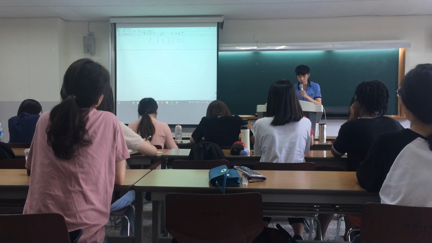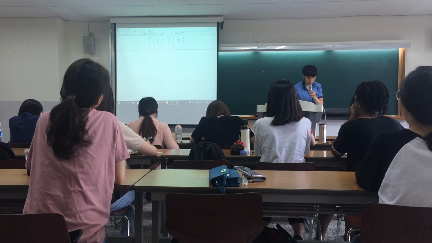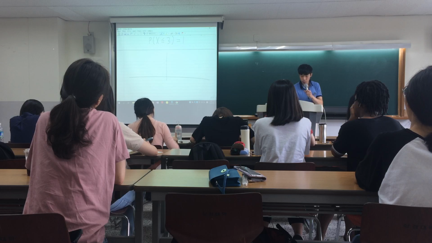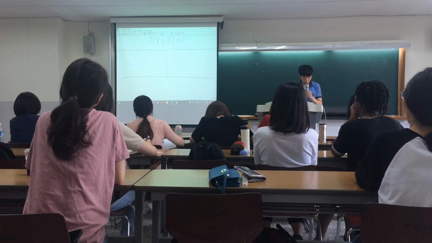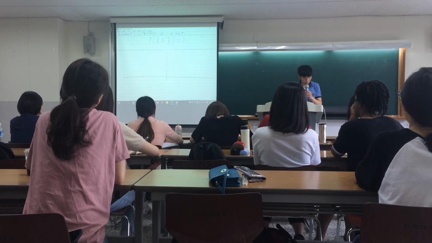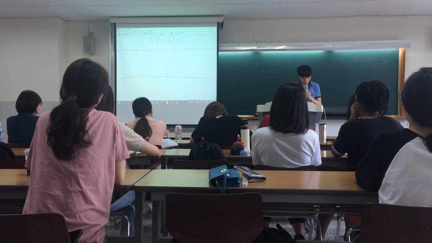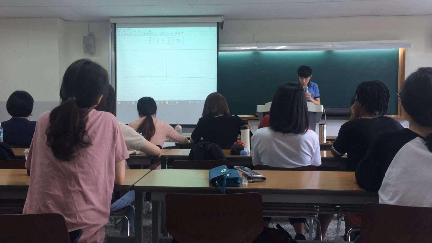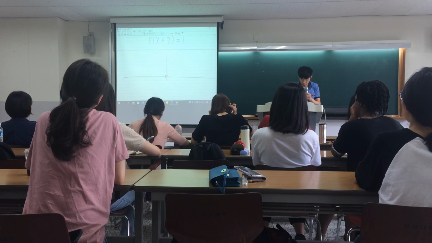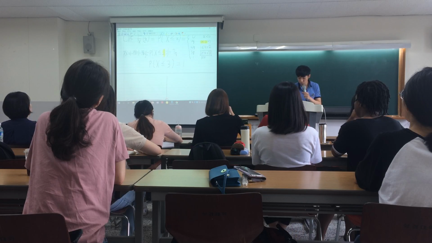And I can draw the CDF like this. Let me draw it better. So if x is less than 0, then our CDF is 0, right? So our CDF is going to look like that for every x less than 0.